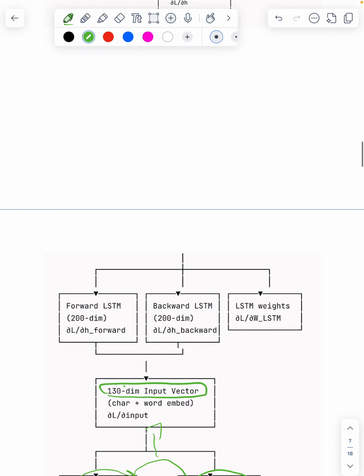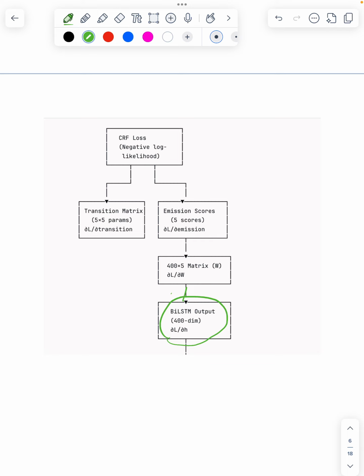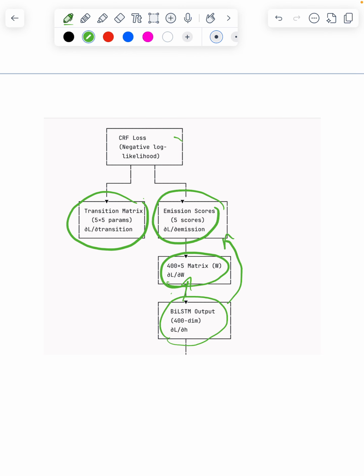This will be fed into the forward LSTM and backward LSTM, and all of these LSTM weights would be trained. The LSTM output affects the 400 by 5 matrix that we projected down to the 5 emission scores and the transition parameters, and then the CRF loss will be calculated using negative log likelihood.